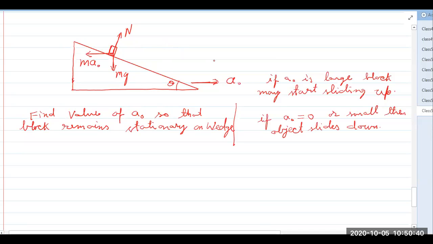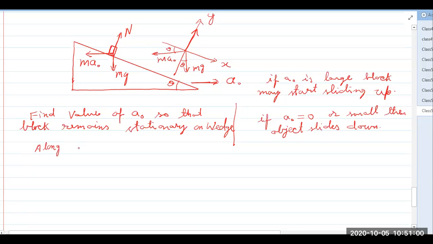So how do we write the equation now? Forces equation. We will take this as x and this as y. This is the normal force, this is mg and this is ma naught. Here it will be theta, and here also theta.